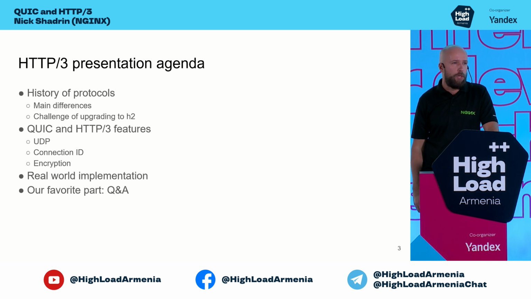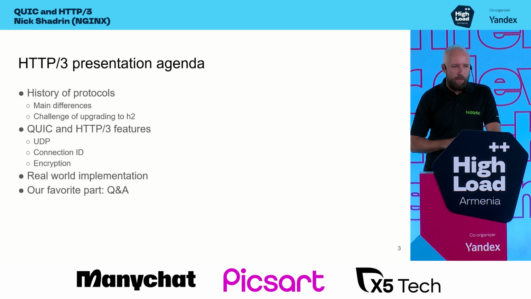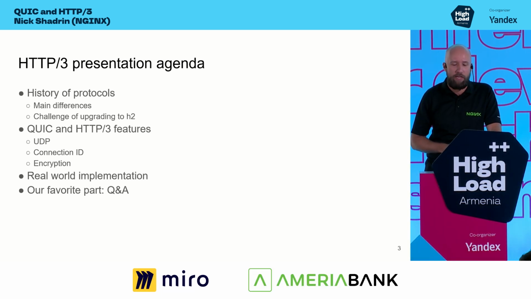Another important feature is the connection ID functionality and the distributed nature of how we can work through those datagrams in one connection. As far as real-world implementation, that's a serious topic, and in many cases it has a lot of unknowns, because not all of us are using HTTP 3 today. And of course, Q&A.